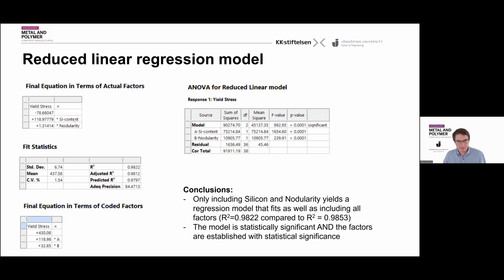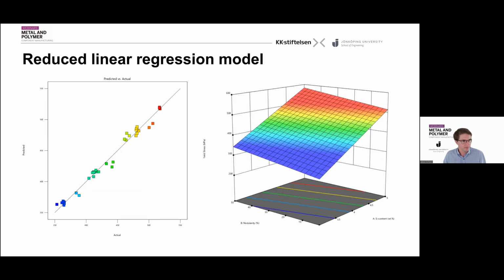So looking at how this model compares to the experimental data, this plot to the left shows the predicted value on the y-axis and the actual value on the x-axis. In a perfect world, if our model was perfect, these dots should all be exactly on the line.